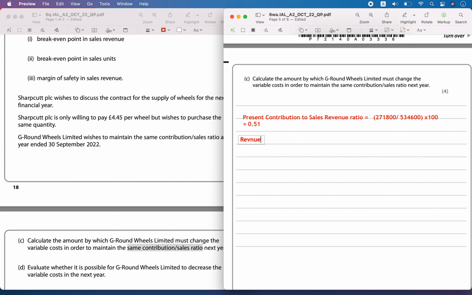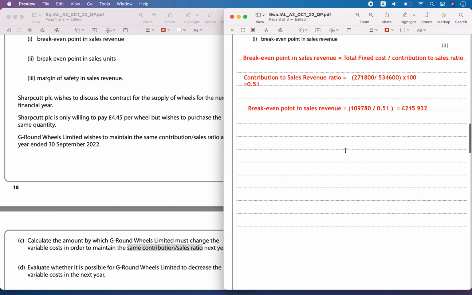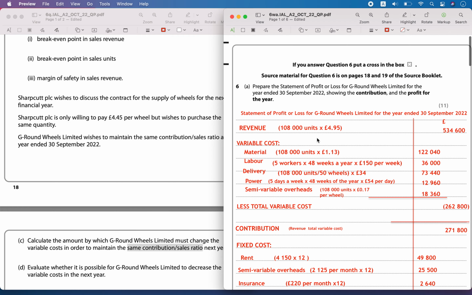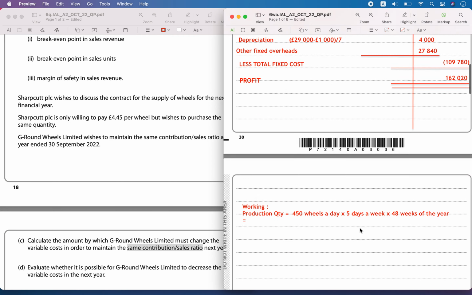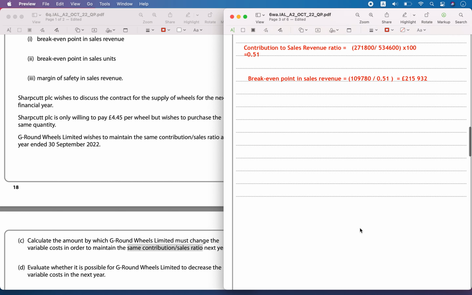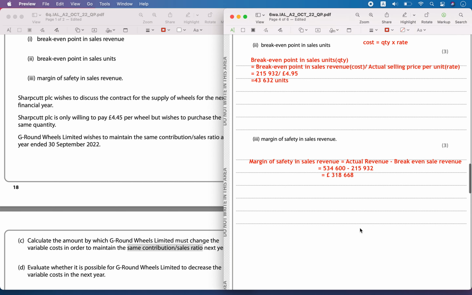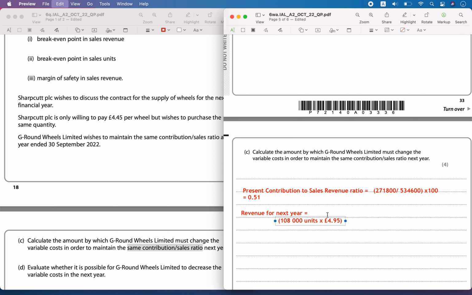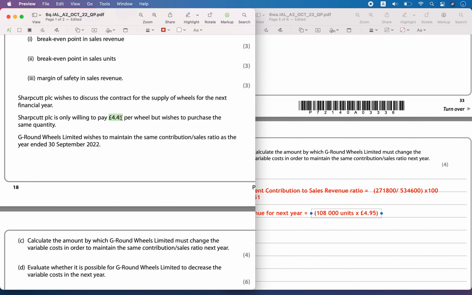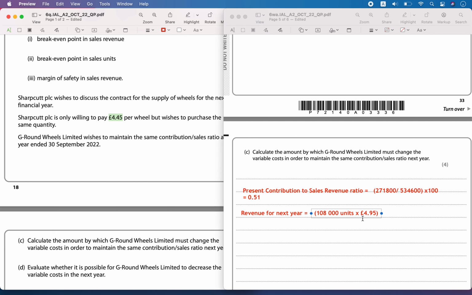Revenue for next year is going to be equal to, because it's going to buy the same quantity, the same number of units, 108,000 units, but it's going to pay 4.45 pounds.